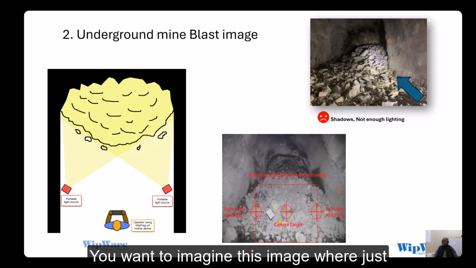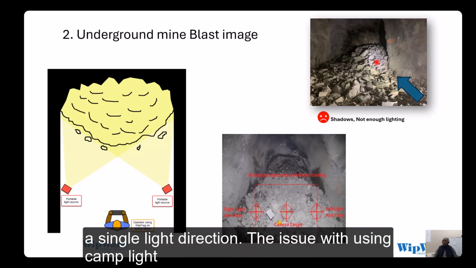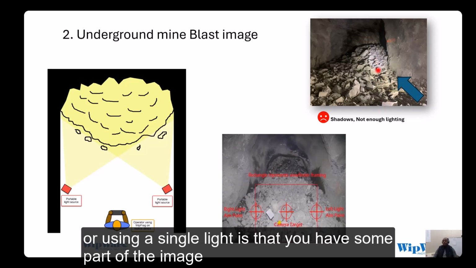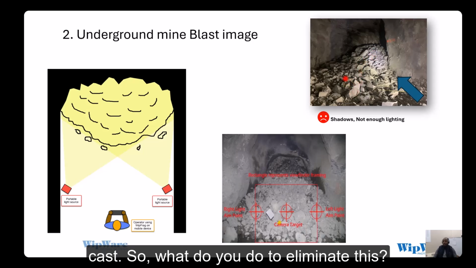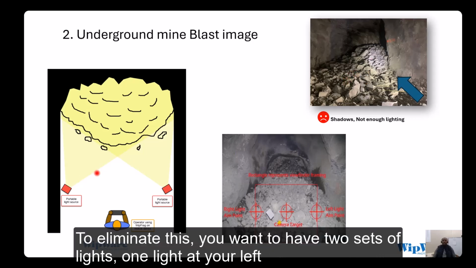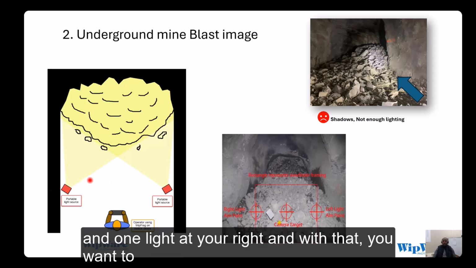You want to imagine this image with just a single light direction. The issue with using a cap light or a single light is that you have some parts of the image highly illuminated and other parts having a shadow cast. So what do you do to eliminate this? To eliminate this, you want to have two sets of lights, one light at your left and one light at your right.